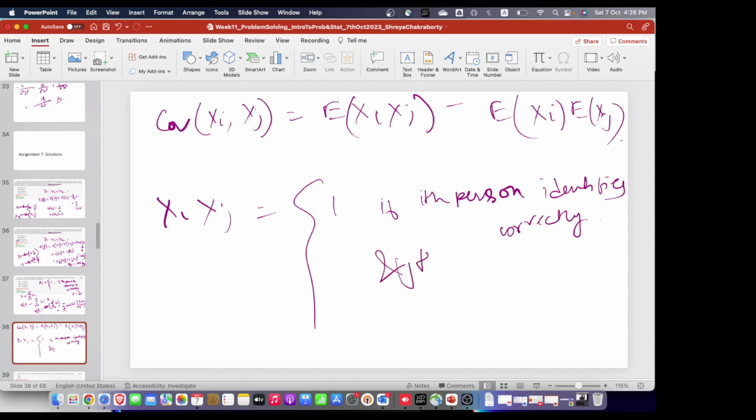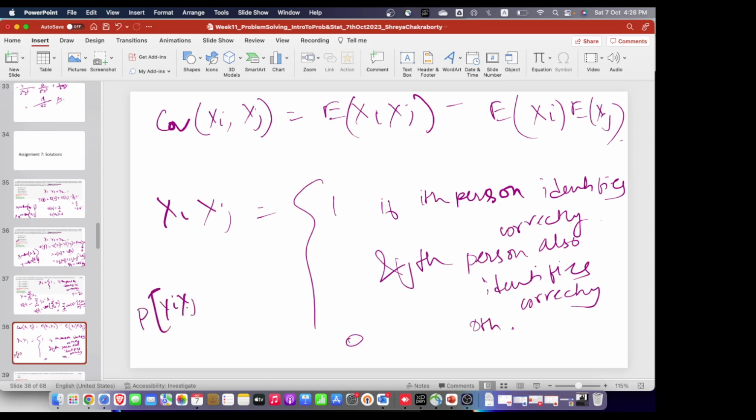and the jth person also identifies correctly, and 0 otherwise. So probability Xi Xj equal to 1 is, ith person identifies 1 by n, and the jth person out of the remaining n minus 1 is also able to identify correctly.